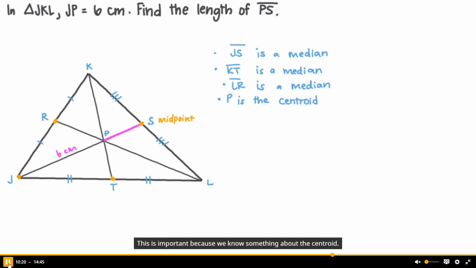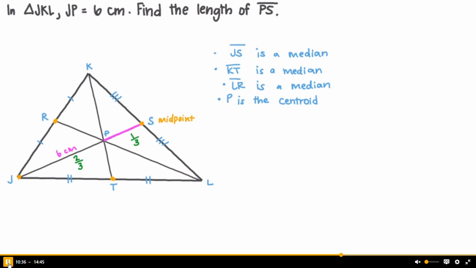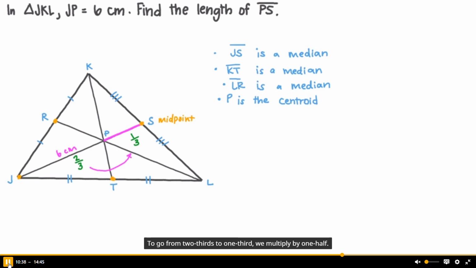This is important because we know something about the centroid. For each median, the distance between the vertex and the centroid is 2/3 of the median, and the distance between the centroid and the midpoint is 1/3 of the median. To go from 2/3 to 1/3, we multiply by 1/2. 1/3 is half of 2/3.